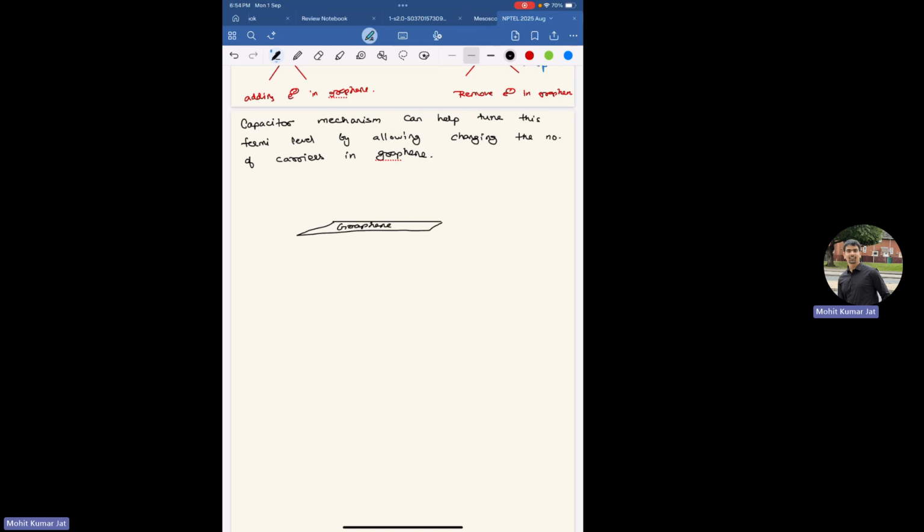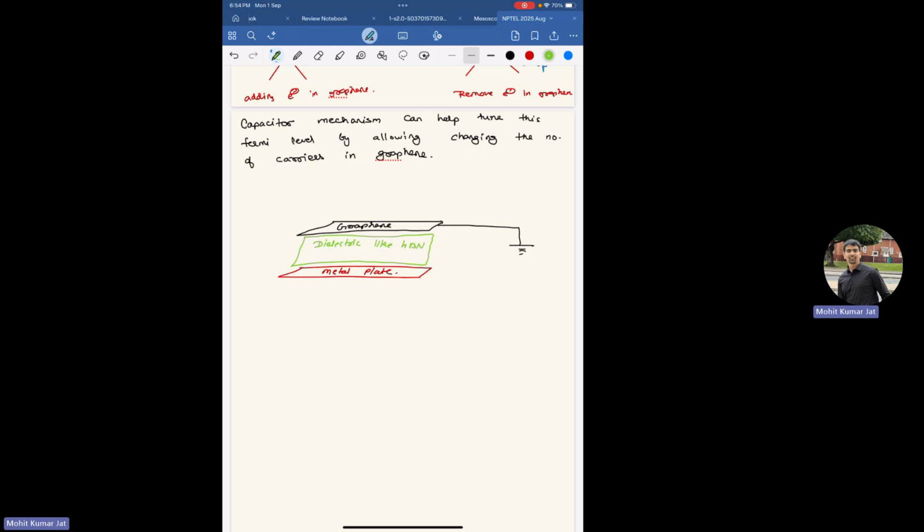And you connect it, you ground one end of it. Good. Now you take another metal plate, and in between you use a dielectric, like hBN.